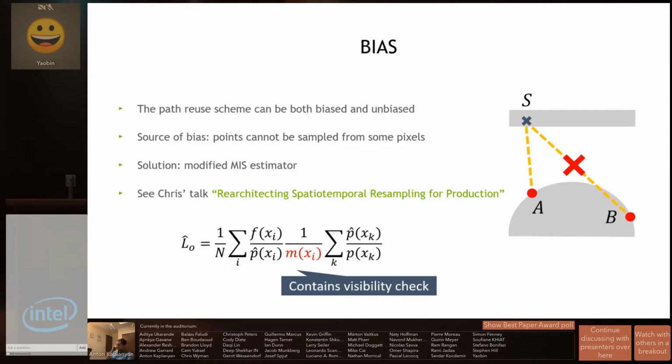Directly using the RS estimator may cause bias, because some pixels may not be able to sample the chosen point. For example, in this figure, point B cannot find the sample S. The solution is to modify the RS estimator by introducing a term containing visibility information, which requires tracing shadow rays and has higher cost.